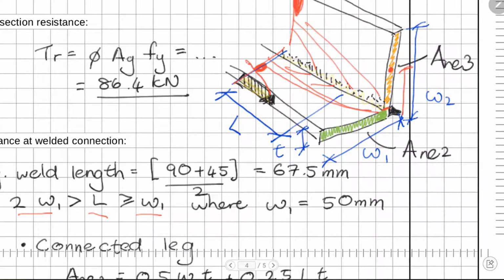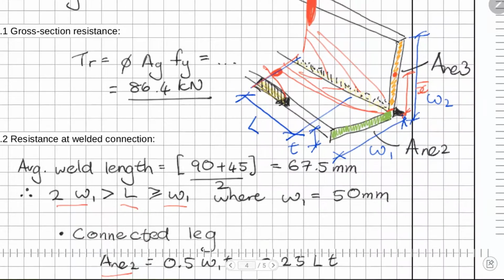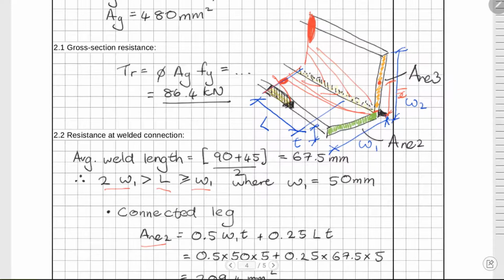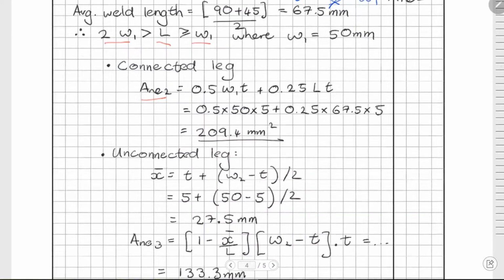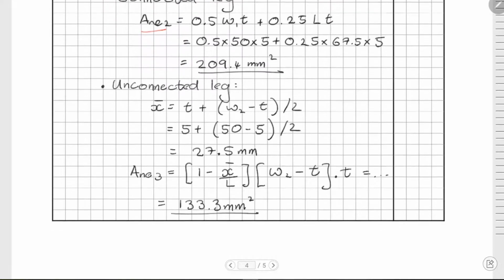How far is it from the base? We take that orange height, which is W2 minus T, divide by 2. So that's from the top of the green up, then plus the thickness.